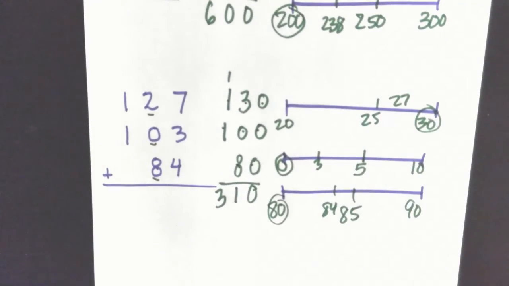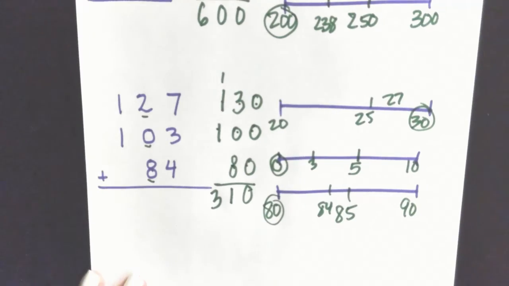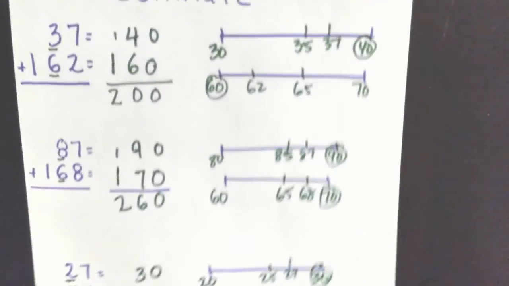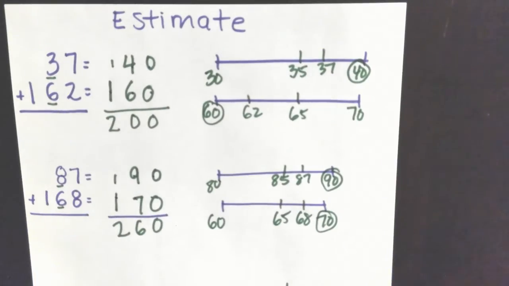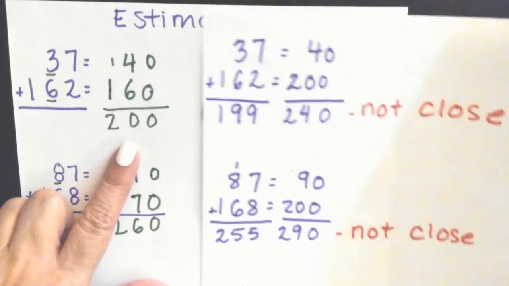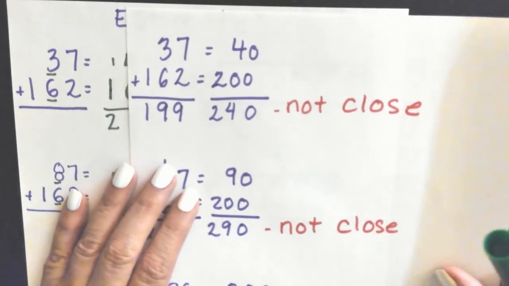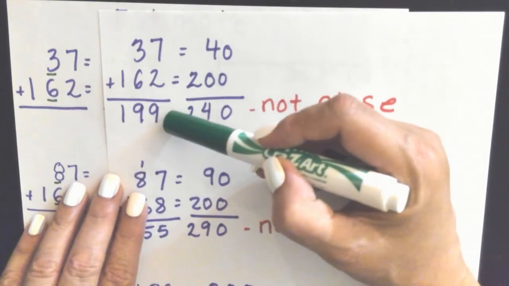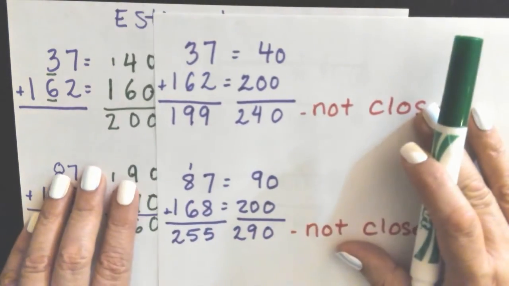Let me show you. See when we rounded this? This is an estimate. And that's actually a good estimate. Had we counted, see I added this, and it came out to 199, which is close.